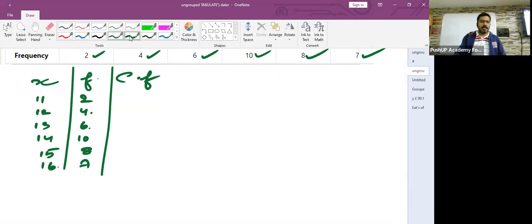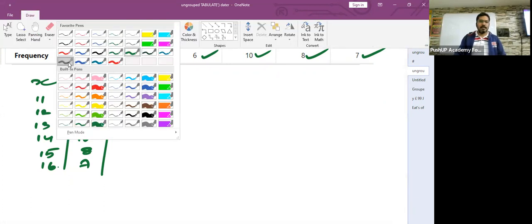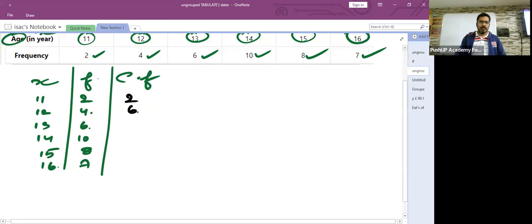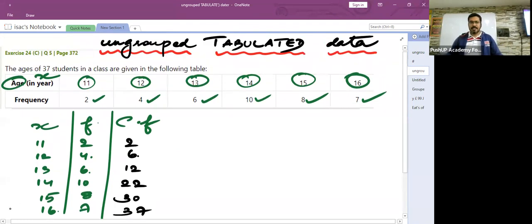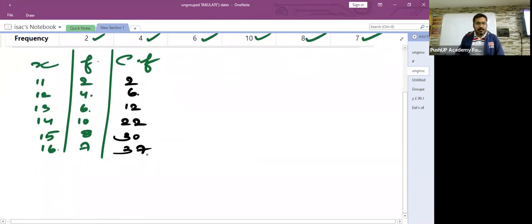Anoki, tell me the cumulative frequency table. 2, 6, 12, 22, 30, and 37. Children, did you notice how many students they were talking about? 37 students. What is the last value which I have got in the column of cumulative frequency? 37. It has to match.